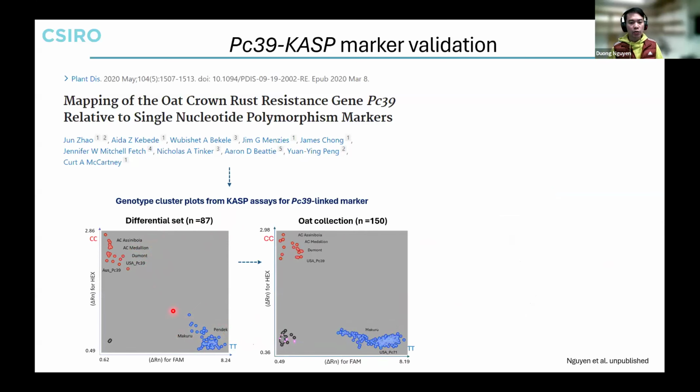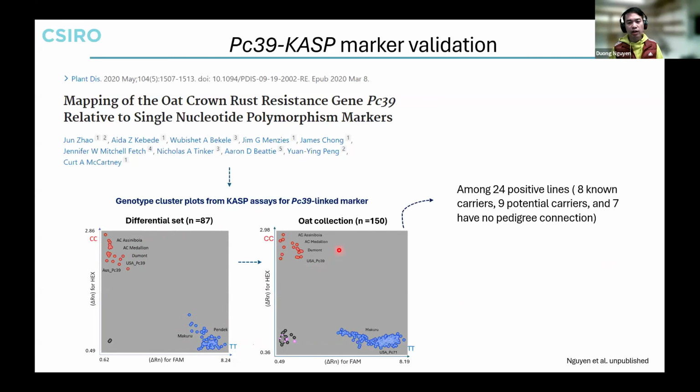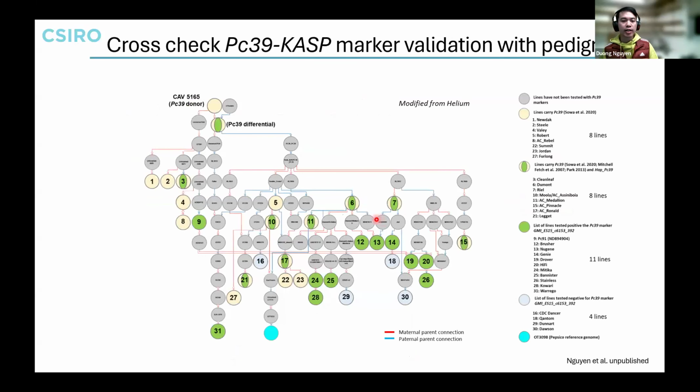After that, we used the marker to screen the whole collection. From that, we identified 24 positive lines, of which 8 were lone carriers, 9 are potential carriers based on the pedigree, and 7 had no pedigree connection. So here's the pedigree tracking result.